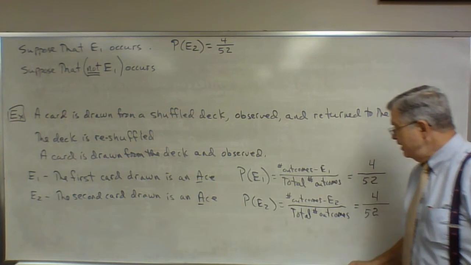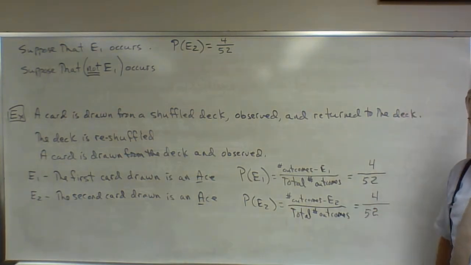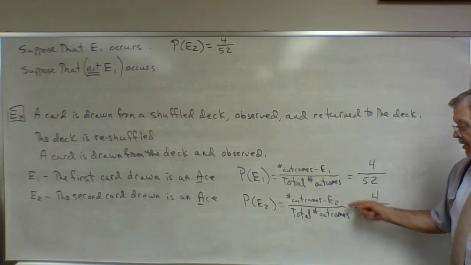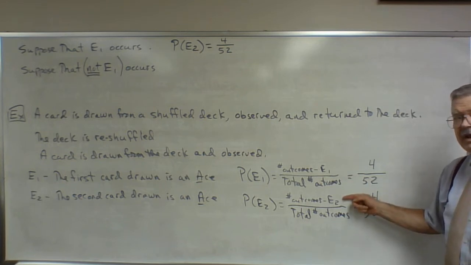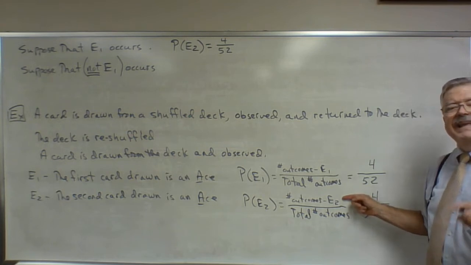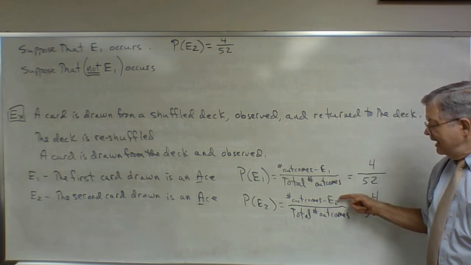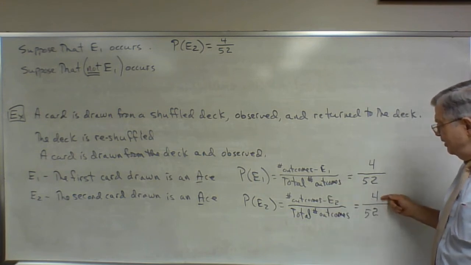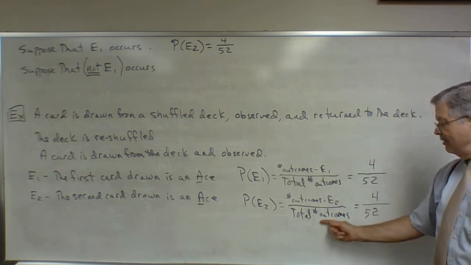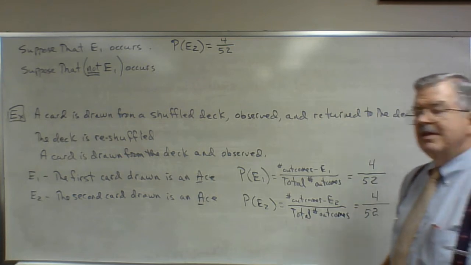What's the probability that that second card that we select is an ace? Well, there's still 4 aces in the deck, and all 4 aces are as equally likely to be chosen as any other card in the deck. So there are 4 equally likely outcomes that result in an ace. The total number of equally likely outcomes is 52.